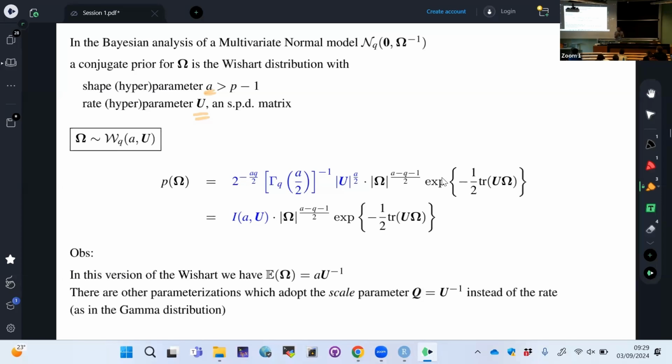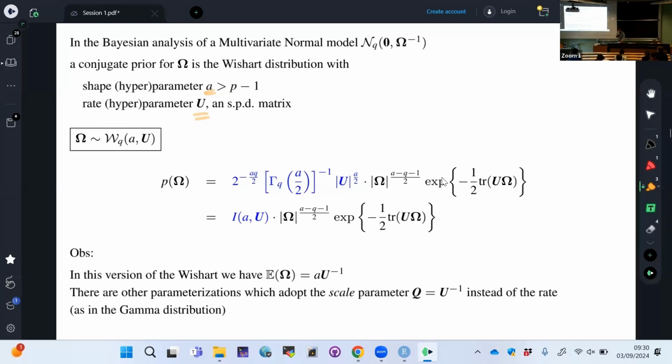One way to check which parameterization has been adopted is to check the mean of the distribution. In my notation, the expectation is A times U^{-1}. If instead of the rate you use the scale parameter, the mean would be A times U, without the minus 1. There are at least two different parameterizations of the distribution.